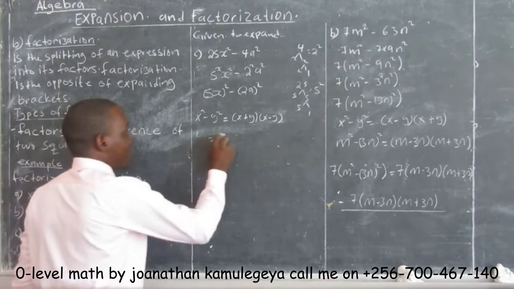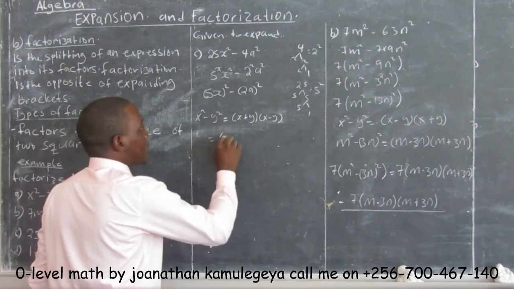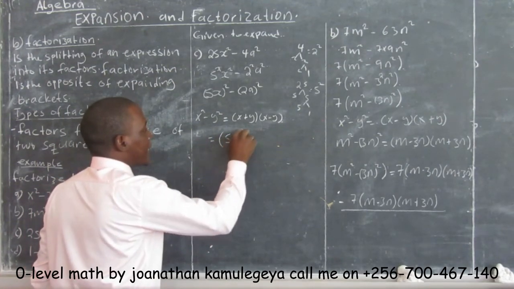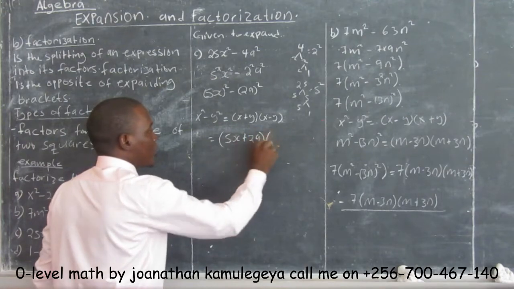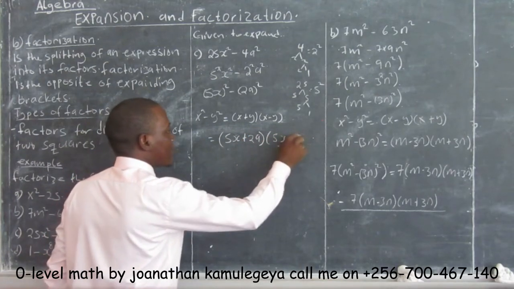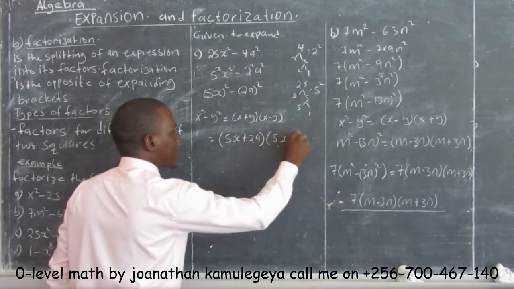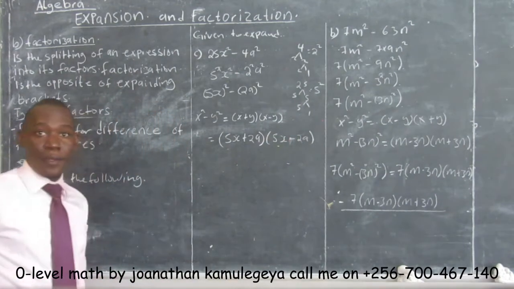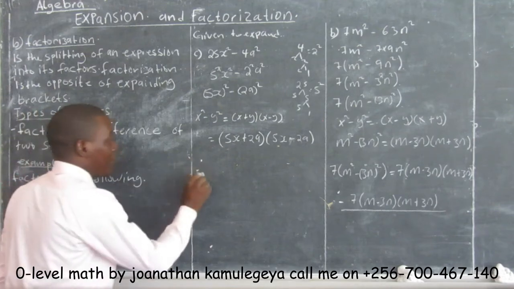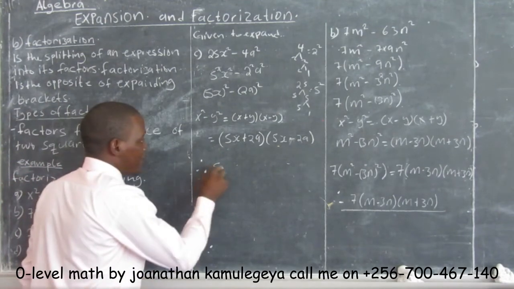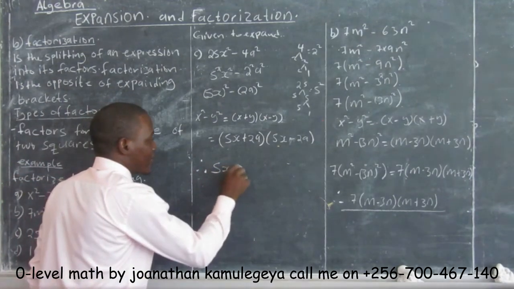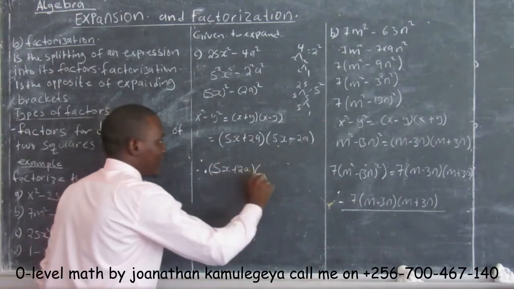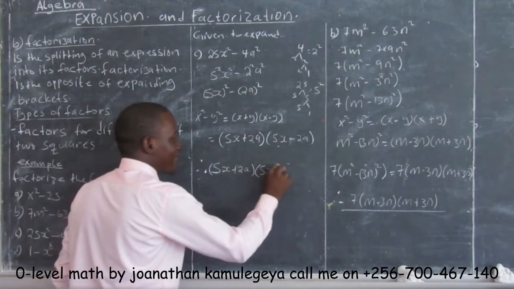Therefore, we shall have 5x plus 2a into 5x minus 2a. Is it okay? Therefore, our answer will be 5x plus 2a into 5x minus 2a.